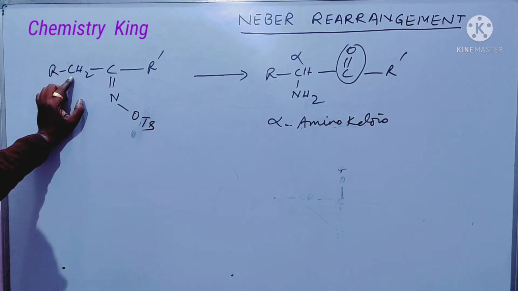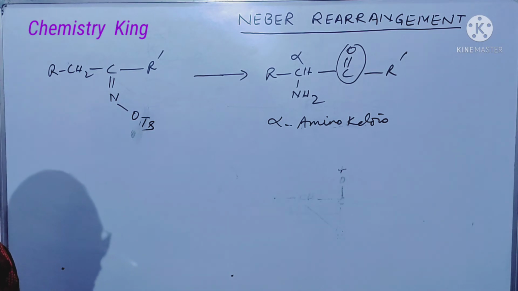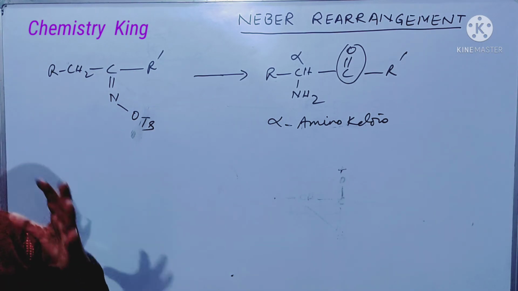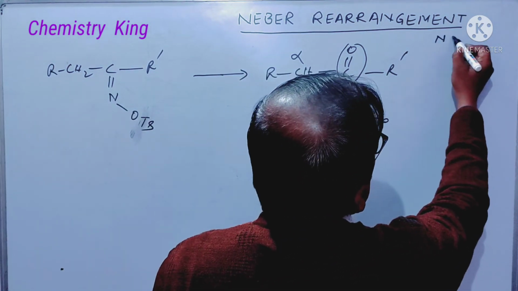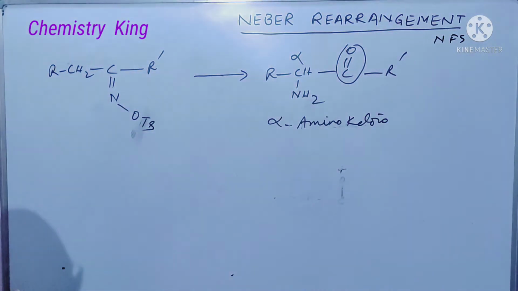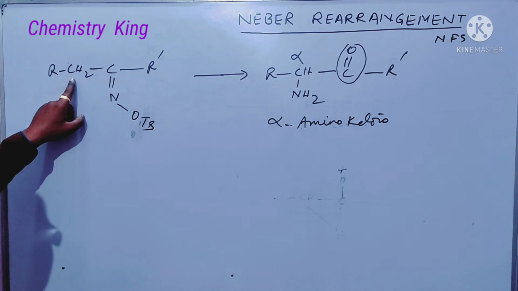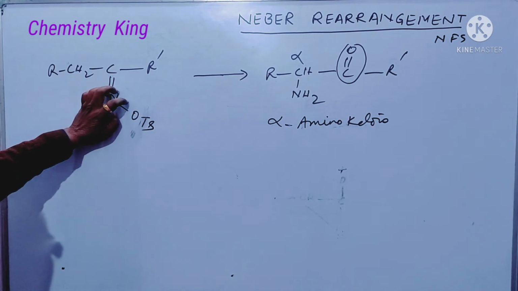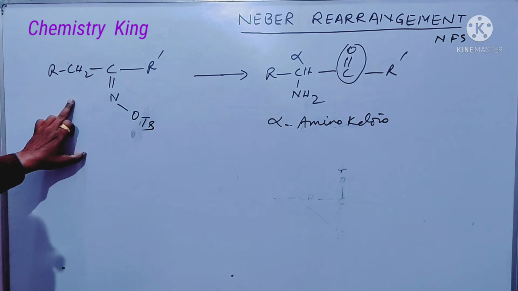So, I have told you that there are 3 rearrangements here: Neber rearrangement, Favorskii rearrangement, and Shapiro rearrangement. These 3 rearrangements involve carbanion. First of all, it becomes carbanion. Then this nitrogen turns into amino group which will come here.